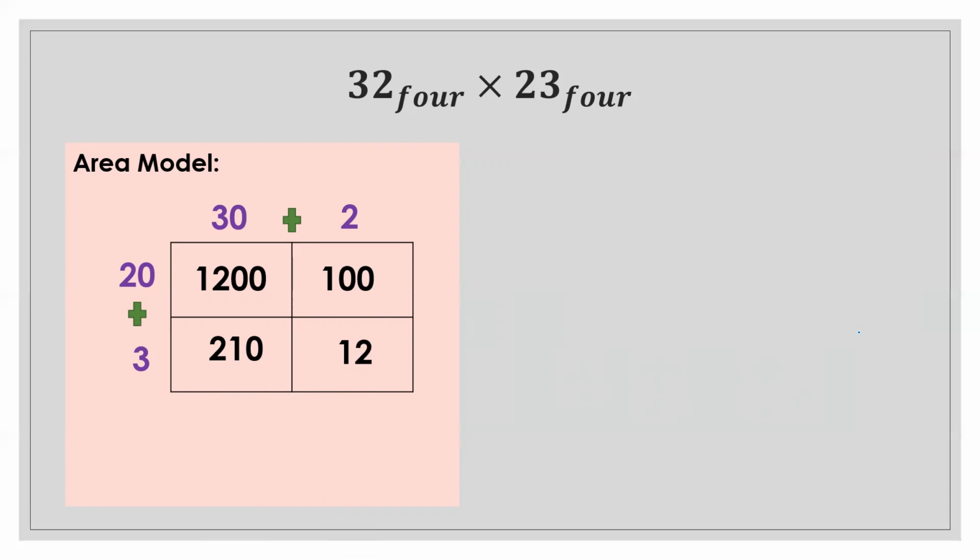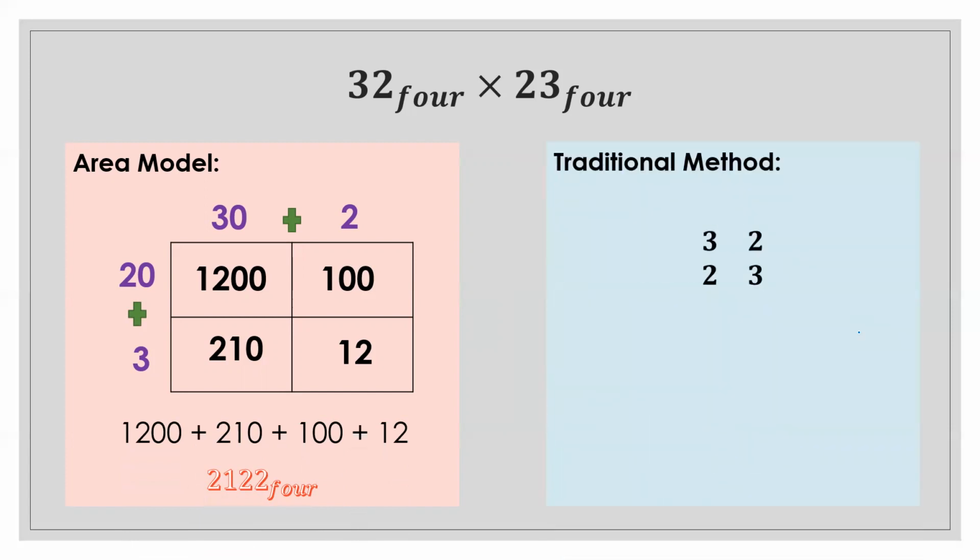So the area of the rectangle, which is the product that we're looking for, is the sum of all these smaller rectangles. And that will give us 2, 1, 2, 2 in base 4. Now that's how the area model works. I will show you also the traditional multiplication method, and you decide what you like better.